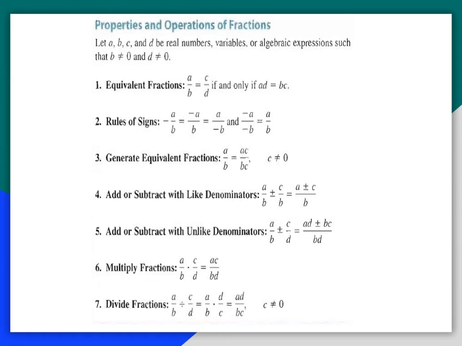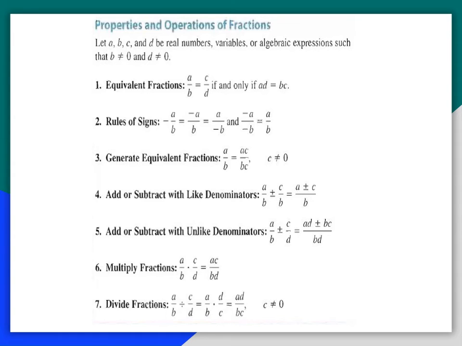And if we have a negative over a negative, of course our fraction becomes positive. Number 3, we can generate equivalent fractions by multiplying the numerator and the denominator by the same value. And of course, we don't want that value to be 0 because that would give us 0 in a denominator and make it undefined.